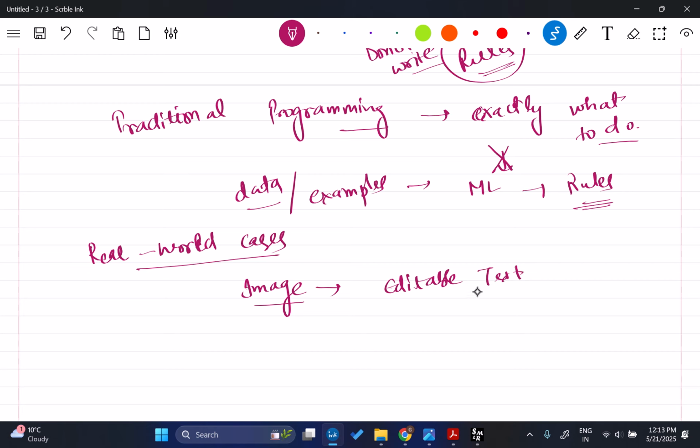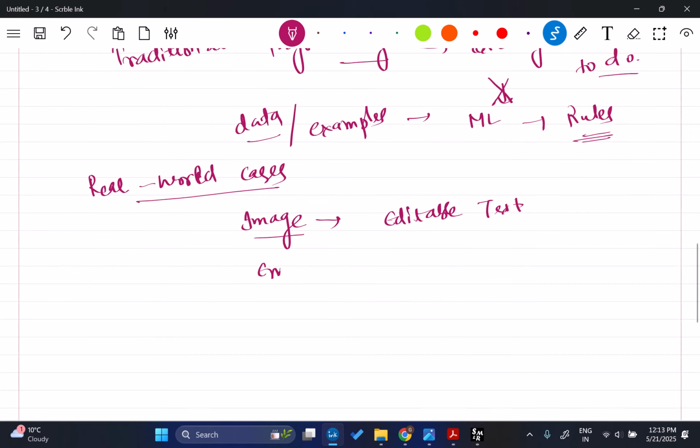You might have used email, where the inbox has features like spam or not spam. This feature is used to filter junk emails from your inbox.